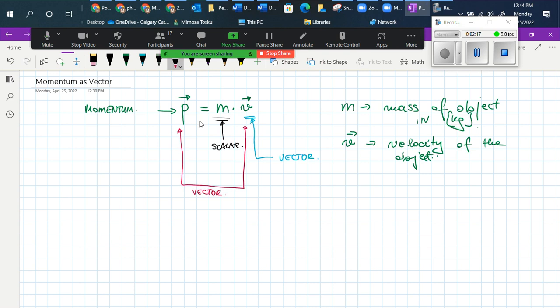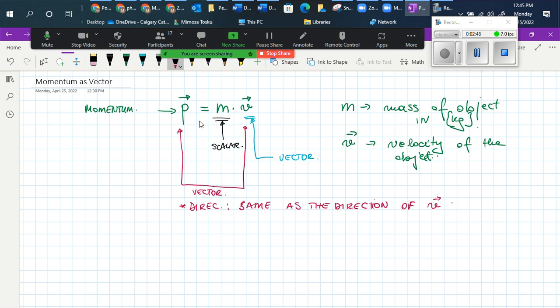And in this case, not only is it a vector quantity, but we can say that the direction of this vector quantity is the same as the direction of the velocity. So in other words, if you know the direction of the velocity, you know the direction of momentum.